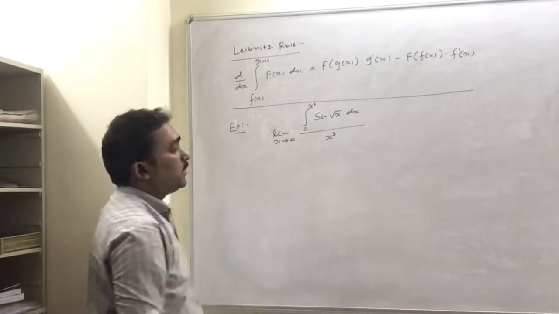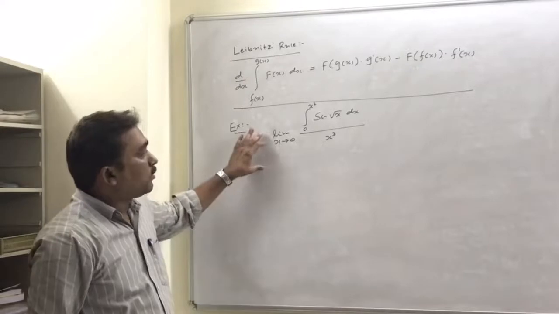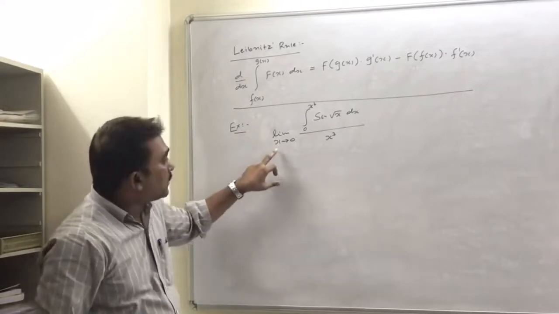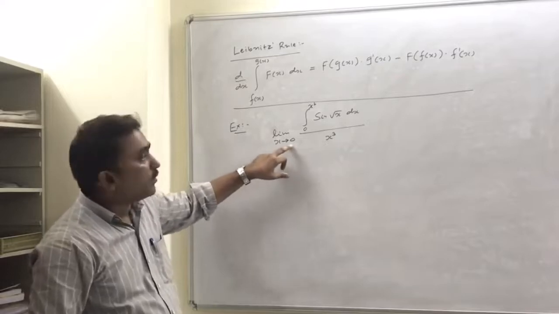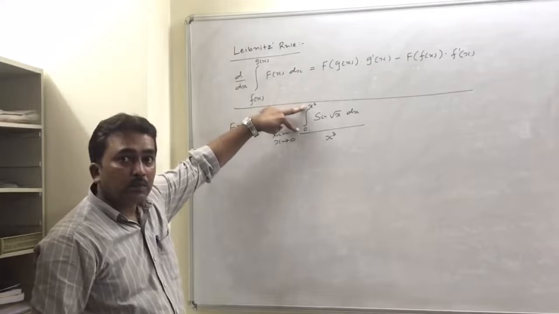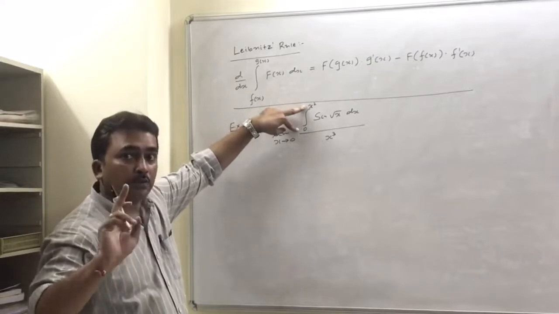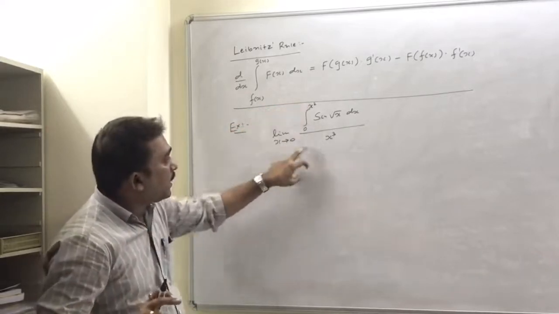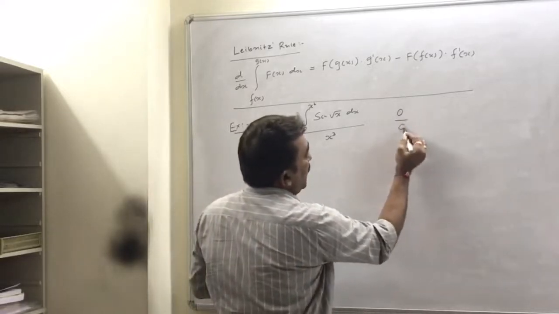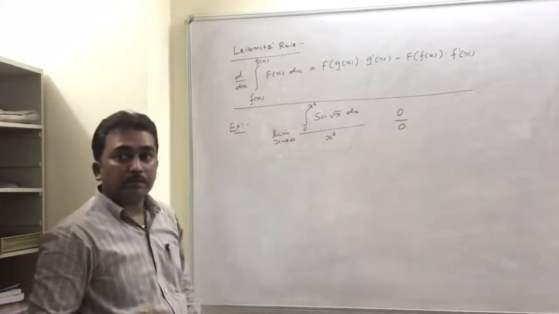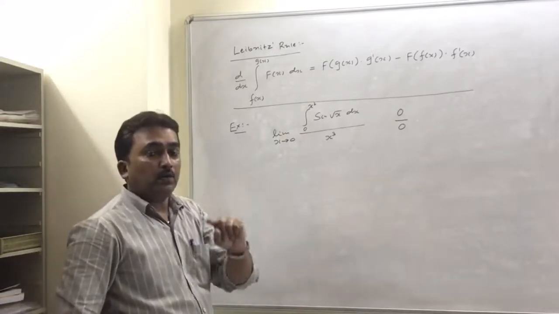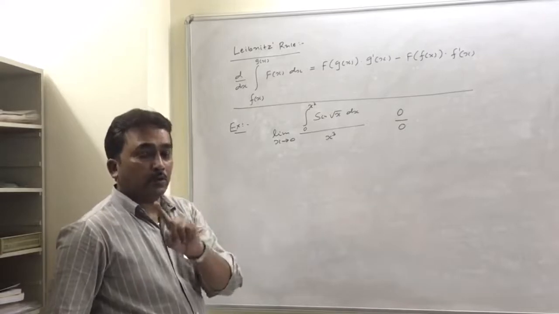Question is that find out this limit. Here first we start by substituting x as 0. Then integral 0 to 0 means answer is 0, and denominator is also 0. It means it is 0 upon 0 form.